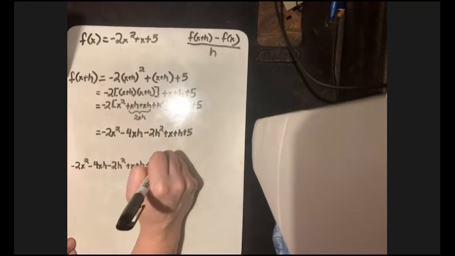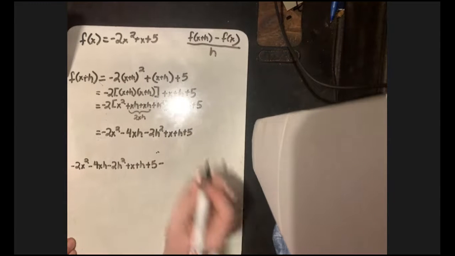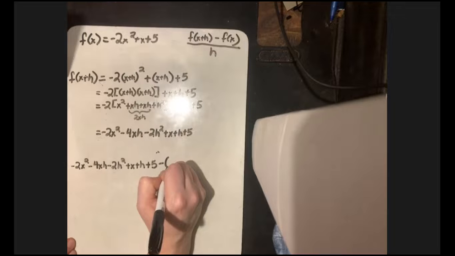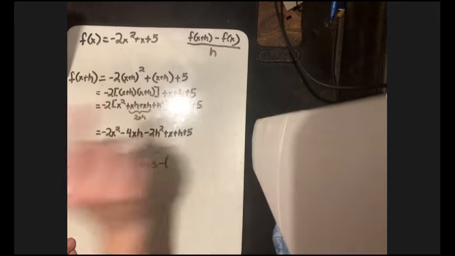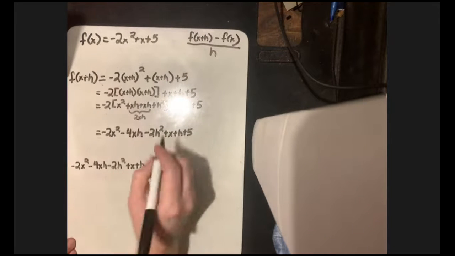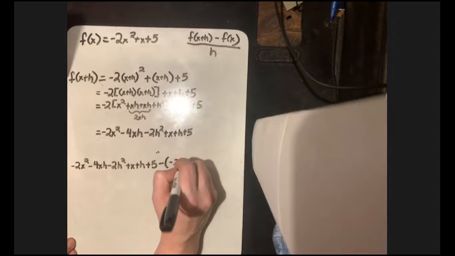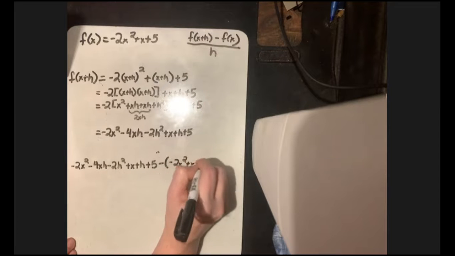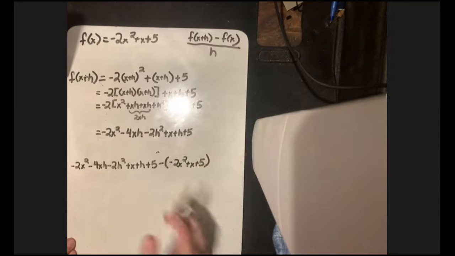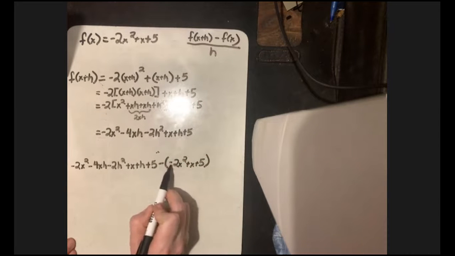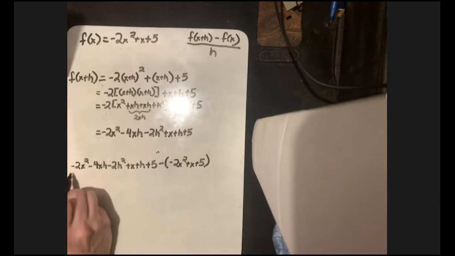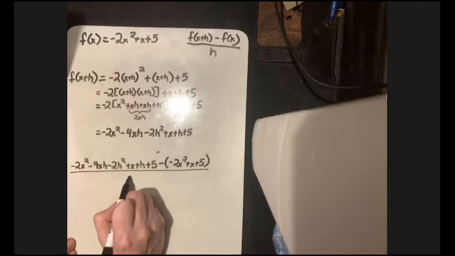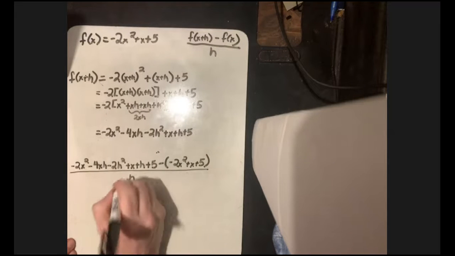Now, when it says minus, I'm going to use a set of parentheses to make sure I subtract the entire original f of x function. If I did not have the set of parentheses here, this subtract would look like it only went with the -2x and not through the whole thing. All of this goes over h, okay?